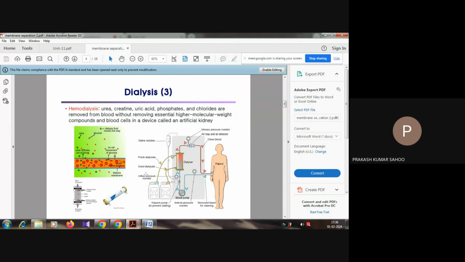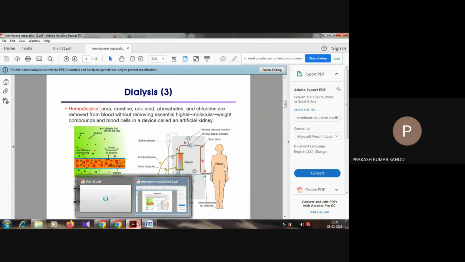And there are some medical terms here. So just remember that this dialysis process is used in the medical field for replacement of impure blood with pure blood.